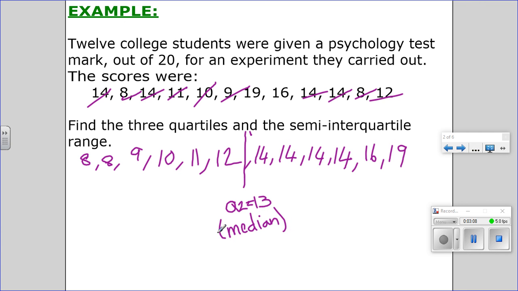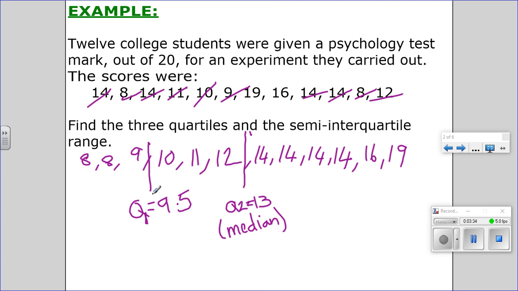Okay, and then to find quartile 1 and quartile 3, I'm going to take each of these data sets and split them down the middle again. So 8, 8, 9 for one, 10, 11, 12 for the next one. So then quartile 1 is 9.5. That means the first 25% of my data is going to be less than that.